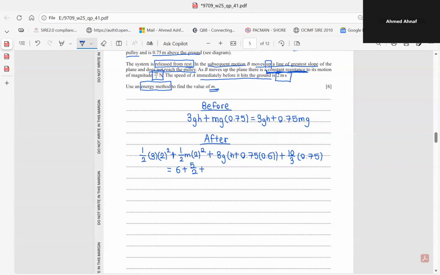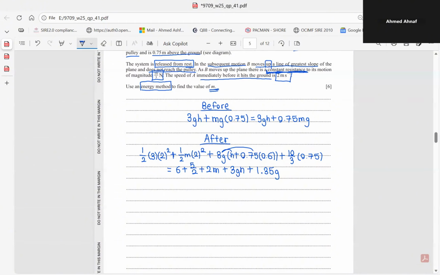Then half m times 2 squared, half times 2 squared is 2, so plus 2m, plus 3gh, plus 3g times 0.75 times 0.6. So 3 times 0.75 times 0.6 is 1.35g.